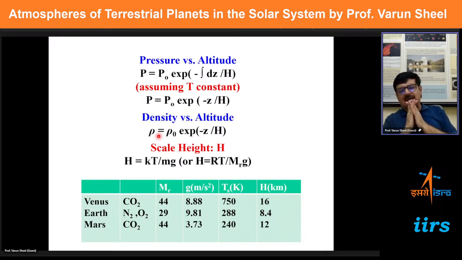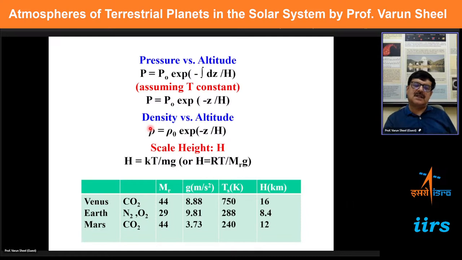One of the very important concepts which comes out from such a structure is something called a scale height. Scale height comes out when you are theoretically formulating this. This is the constant H, which depends on the temperature of the atmosphere in that region, the mass of the air molecules, and the Boltzmann constant.